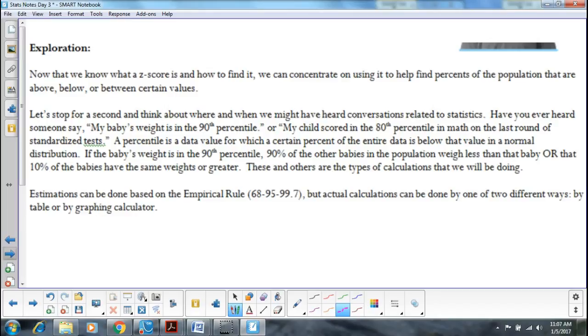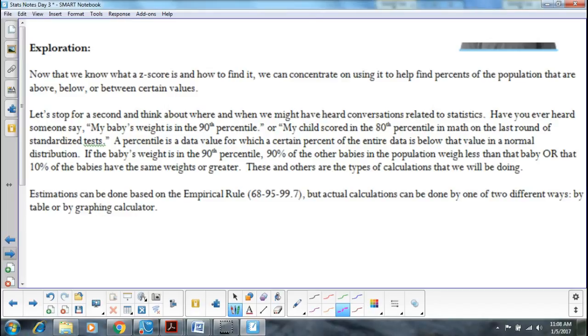Okay, that's what 90th percentile means. Okay, which if you're talking weight or height or something like that, probably not the best, but hey, whatever. Okay, but if we're talking IQ, I want to be a higher IQ. But that's just me, crazy like that.